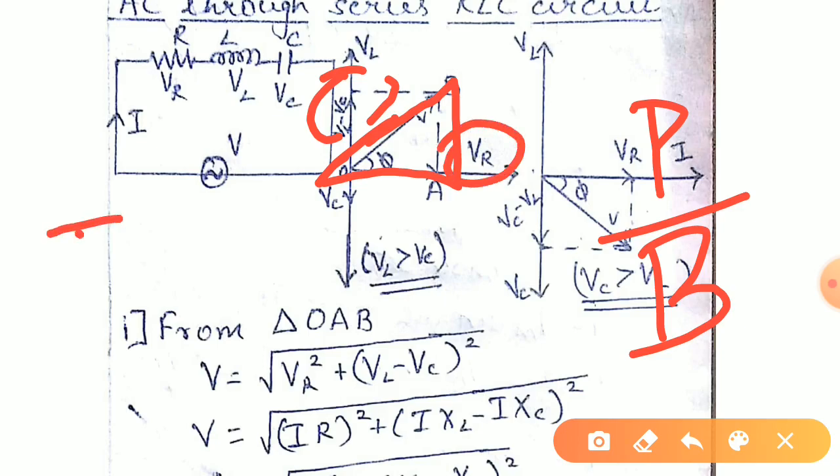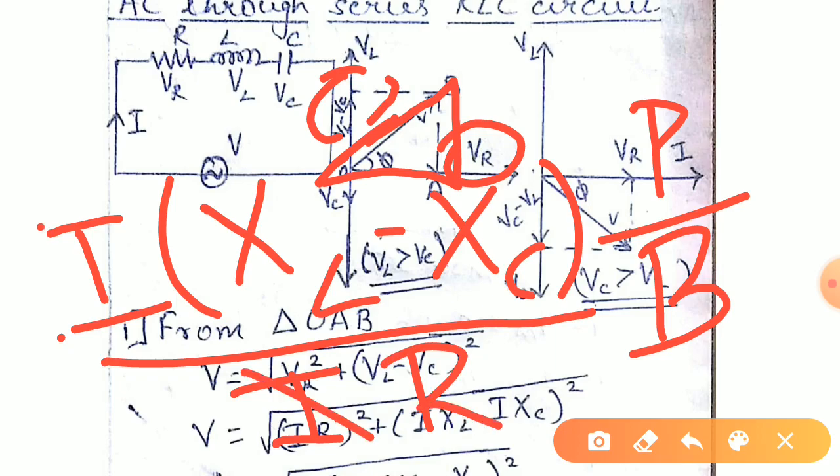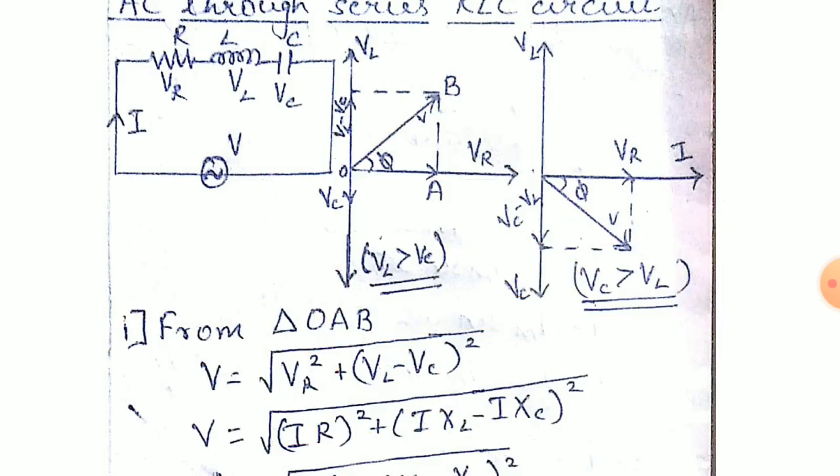So VL minus VC is I into XL minus XC and base is I into R. So tan phi will be equal to XL minus XC upon R, or phi is equal to tan inverse of XL minus XC upon R.